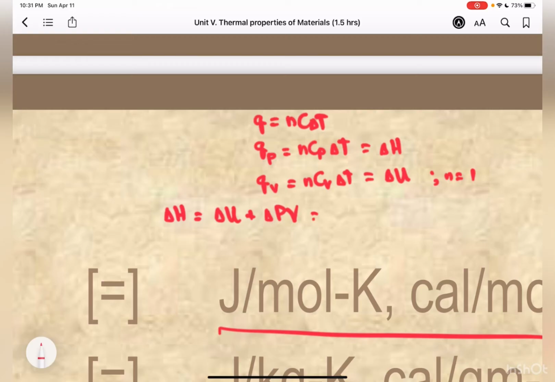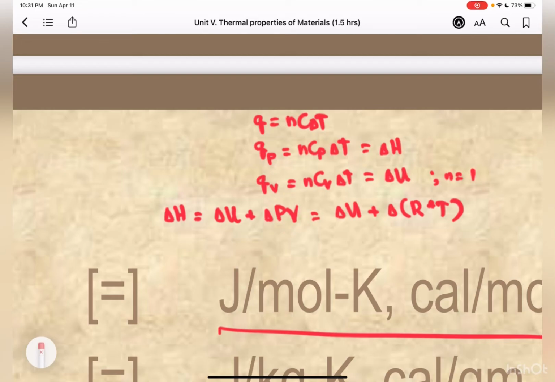For an ideal gas, that is delta U plus delta PV, and PV is R times T, right? This one, PV, is equivalent to your RT.